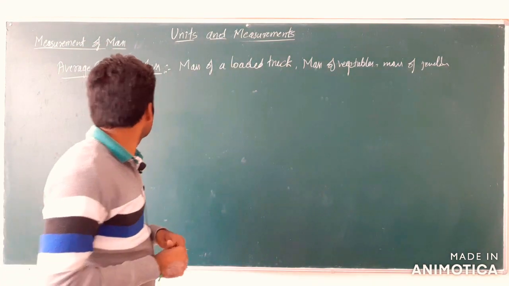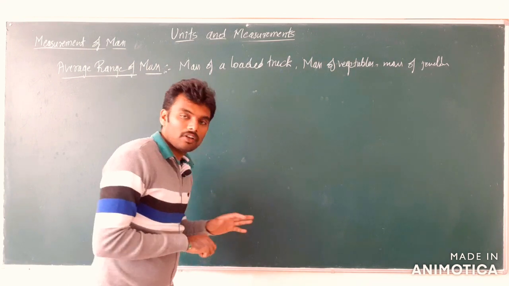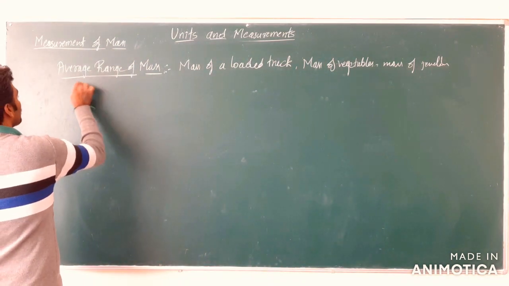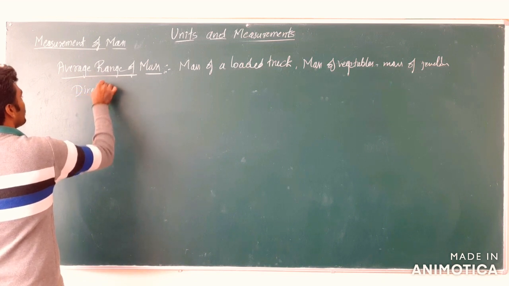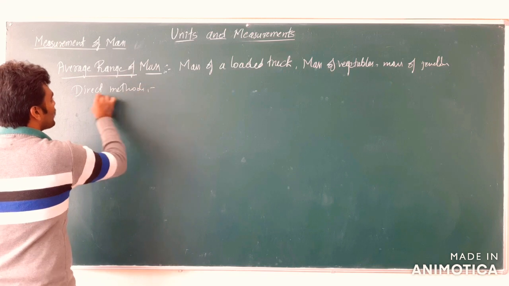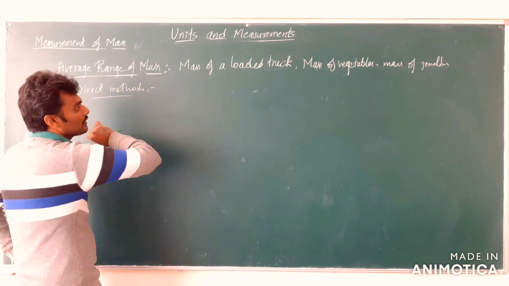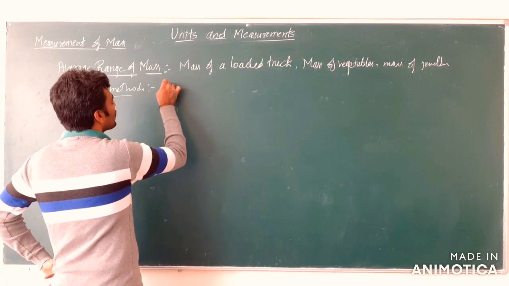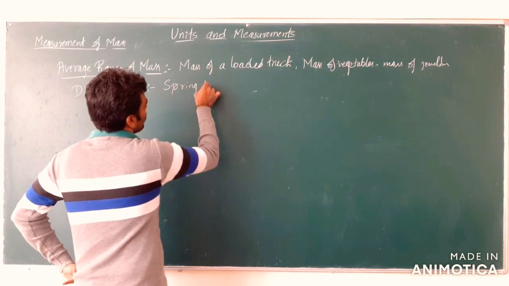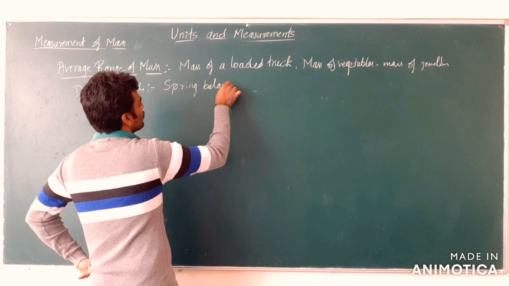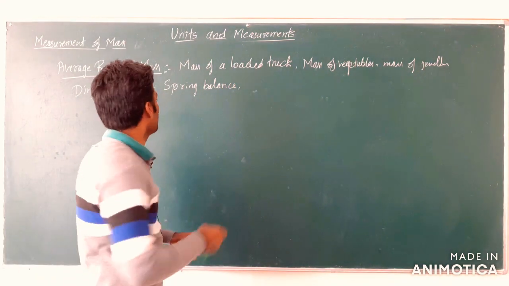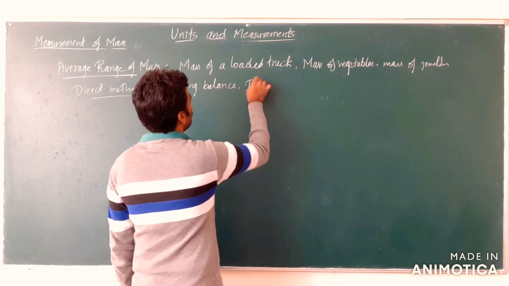So that makes all of them belong to the average range of mass. They are all measured using direct methods, using devices or measuring devices like spring balance. You have seen spring balance in the bridge course itself, right? I have shown you spring balance and beam balance.